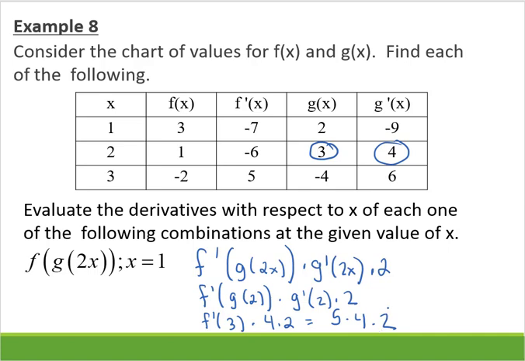I have in my notes that one of these is negative, but f prime of 3 is 5; I don't know where I got a negative 2 from. So I have 5 times 4 times 2, and that ends up equaling 40. Okay, so that is your chain rule and also some derivatives of e to the x functions.